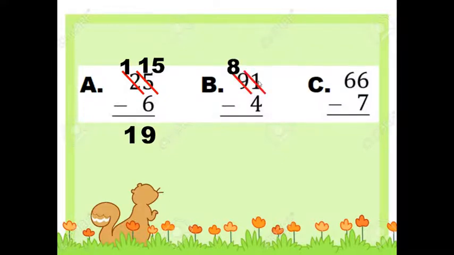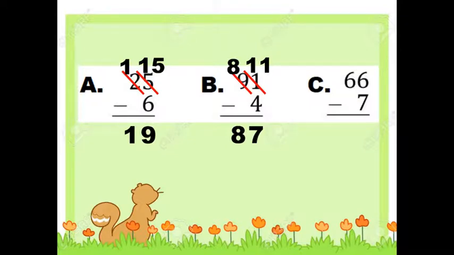And your 1 becomes 11. So 11 minus 4, that's right. That is equal to 7. And bring down our tens, which is 8. So 91 minus 4 is equal to 87.